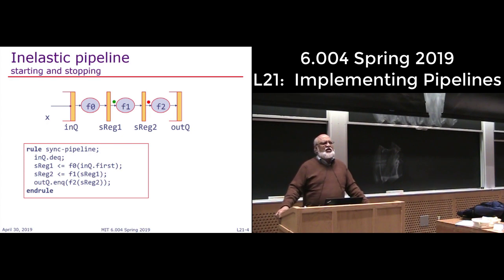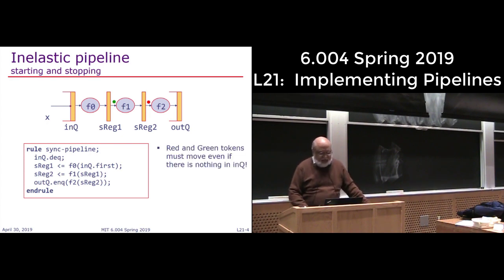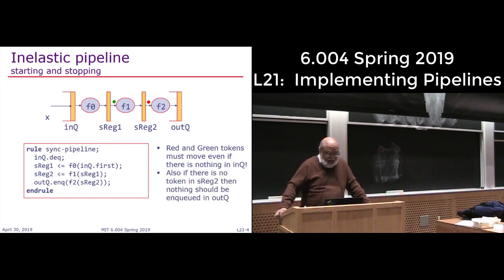Similarly, you can say, if there is no token in stage 2, in some sense, then nothing should be enqueued. You don't enqueue holes in the output queue, because these queues represent something.